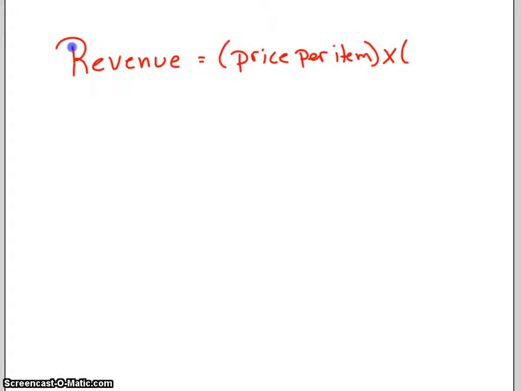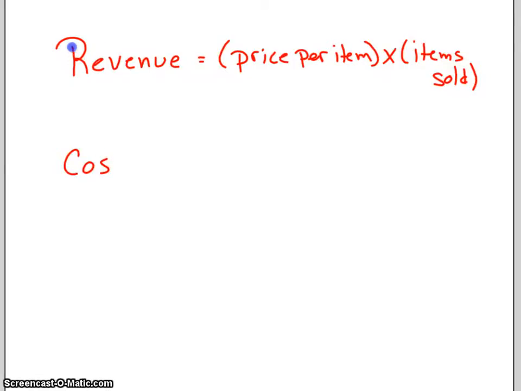So first of all, revenue is equal to price per item times number of items sold. So that's how much you actually take in from selling your items.